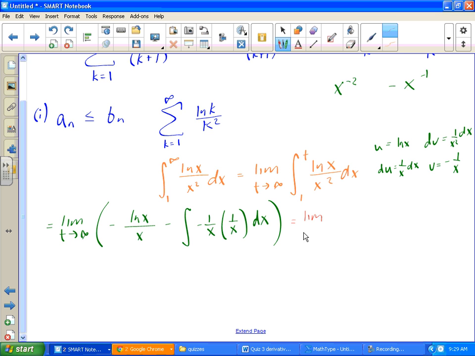So we've got the limit as t goes to infinity, negative natural log x over x. This is going to become plus because of the two negatives here. Now the integral of 1 over x squared is negative 1 over x, right? We kind of did that up here already. So minus 1 over x.